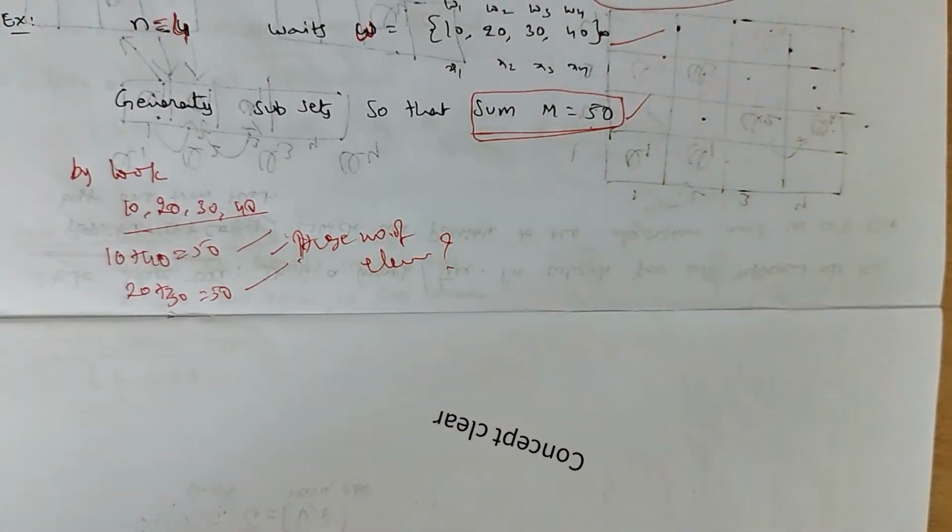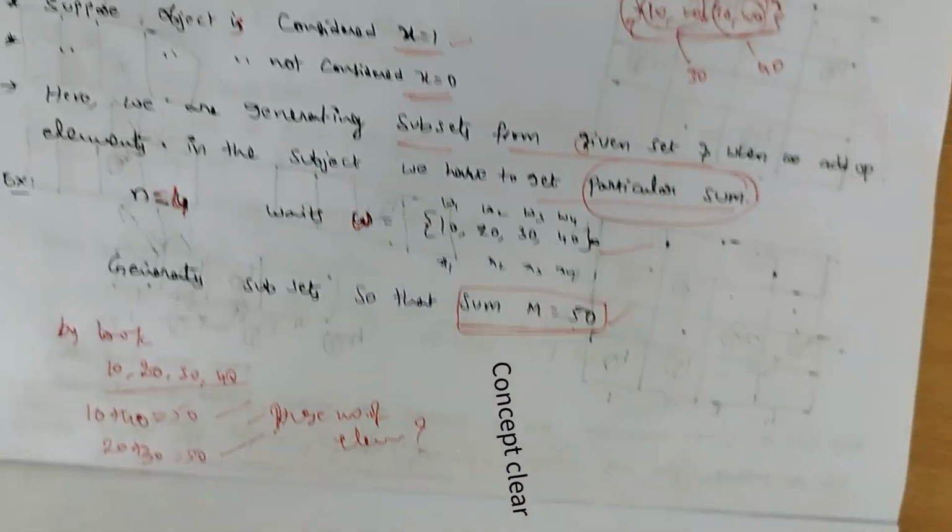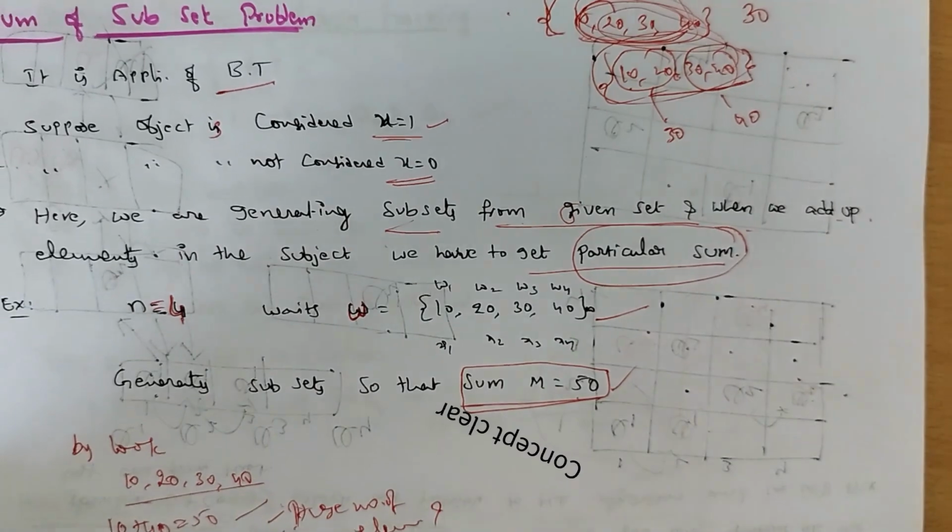So we have to use the backtracking method to find the sum of subset problem.